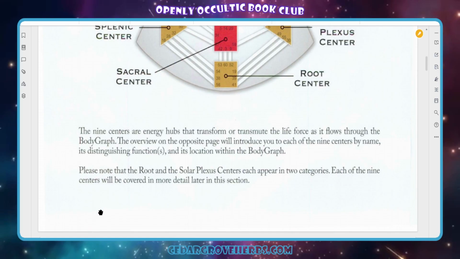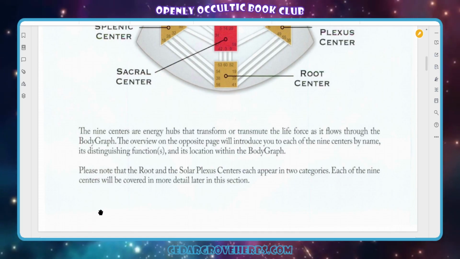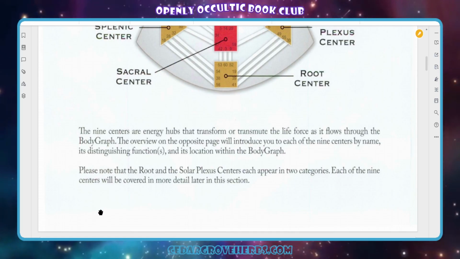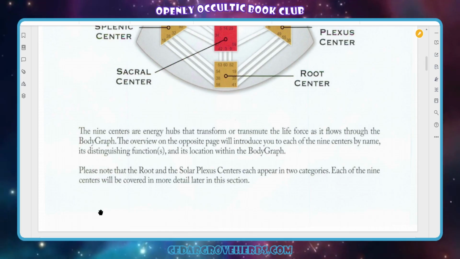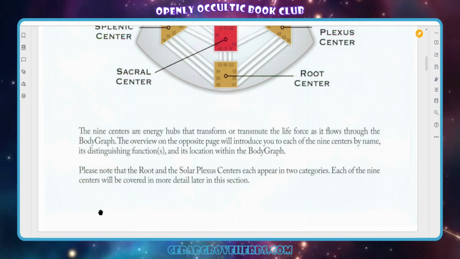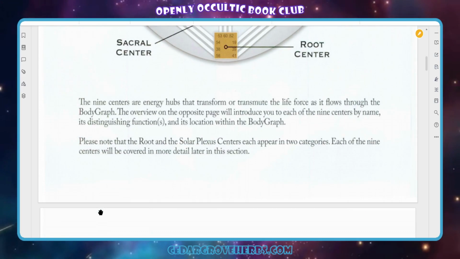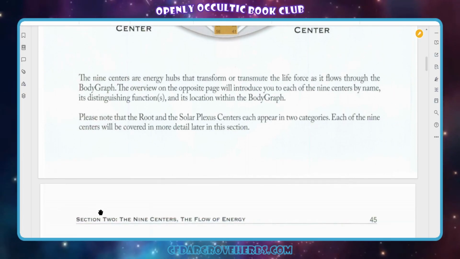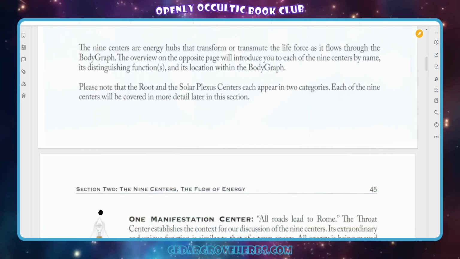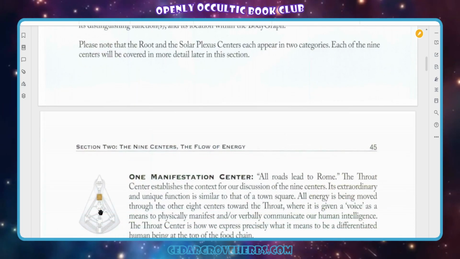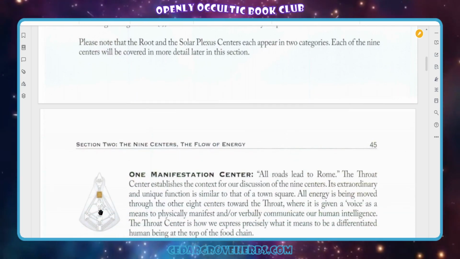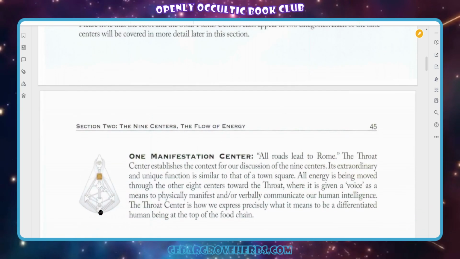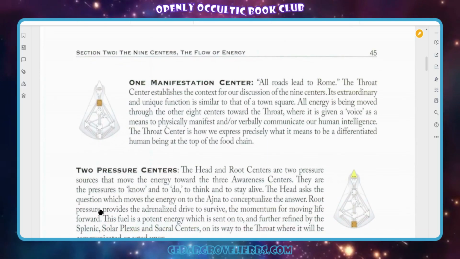Please note that the root and the solar plexus centers each appear in 2 categories. Each of the 9 centers will be covered in more detail later in this section. Okay, I'll keep that in mind. I don't know what it means just yet, but I'll remember that.